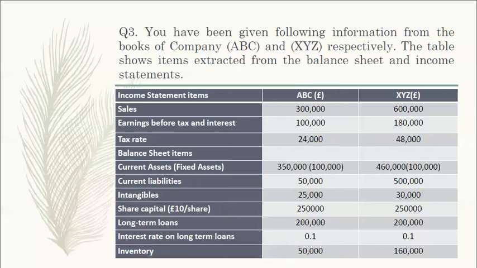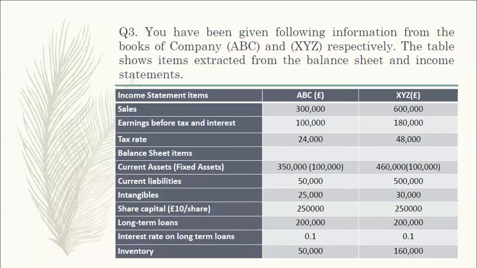The income statement items that we have: sales 300,000 for company ABC and 600,000 for company XYZ, and earnings before tax and interest 100,000 for company ABC and 180,000 for company XYZ, and tax 24,000 for company ABC and 48,000 for company XYZ.